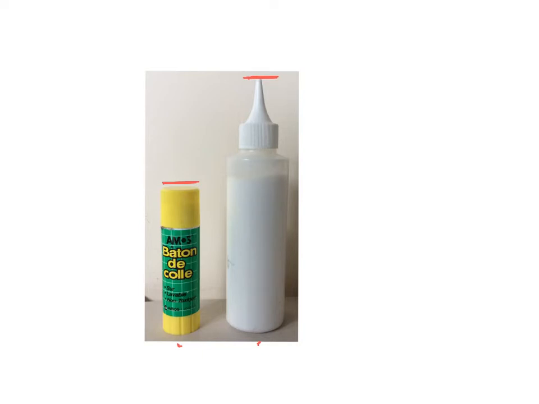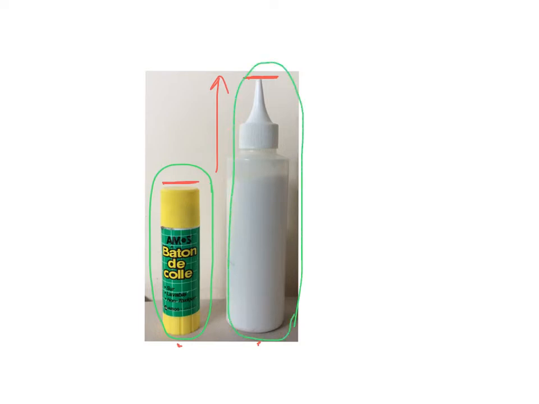There is a big difference between here and here. This glue stick is shorter because it's not as high as the PVA bottle. This one here is taller. T for taller, S for shorter.